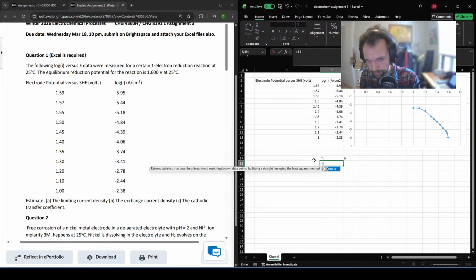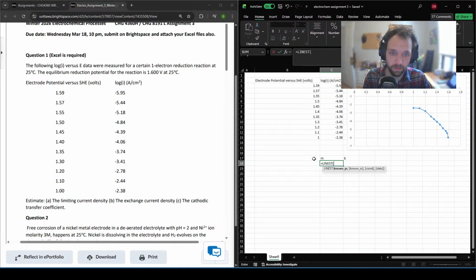And then we have LINEST, known y's. I think that should be that. It's 5, 7 here. And then this should be our x's. No, these are our y's.